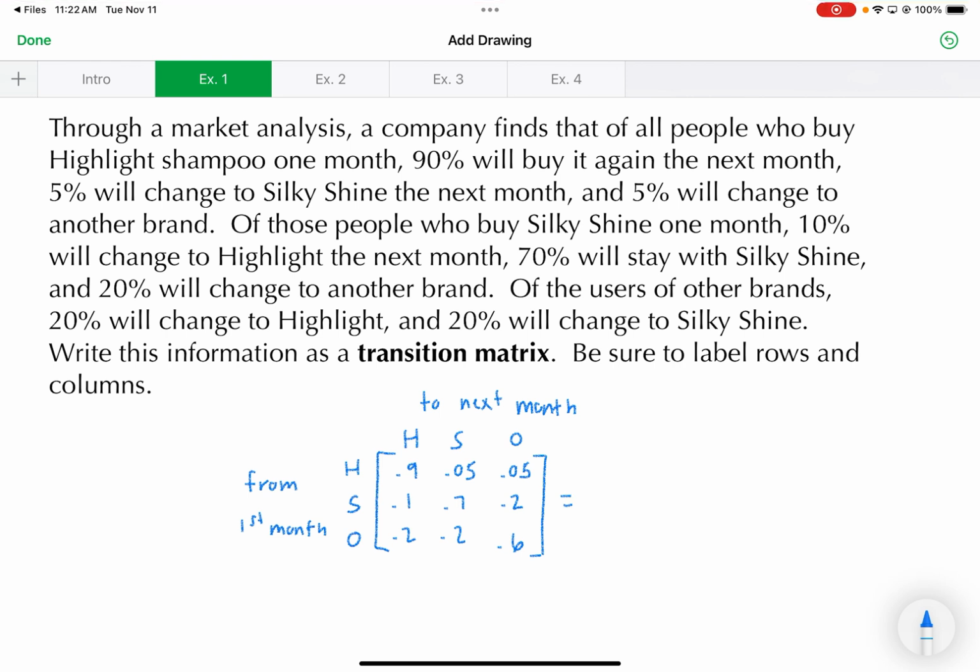Okay, so that is our transition matrix. We'll just call that matrix T. Okay, always set it up so that the rows represent the previous month and the columns represent the next month, or whatever the unit of time is you're working with.